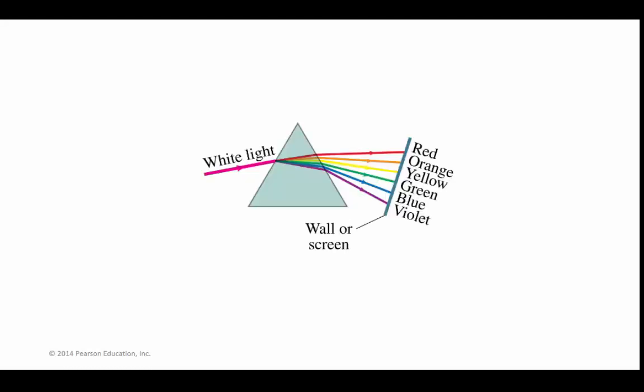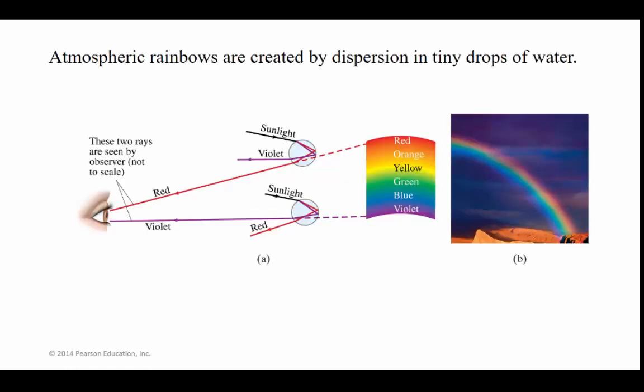Here you can see the result of this, where the white light comes in, hits one side of a prism, and then the colors all refract at different angles. And then when the different colors of light, which have now been split up, refract again at the other side of the prism, they produce a rainbow in the order of ROY G. BIV. The atmospheric rainbows are created by dispersion in tiny drops of water.